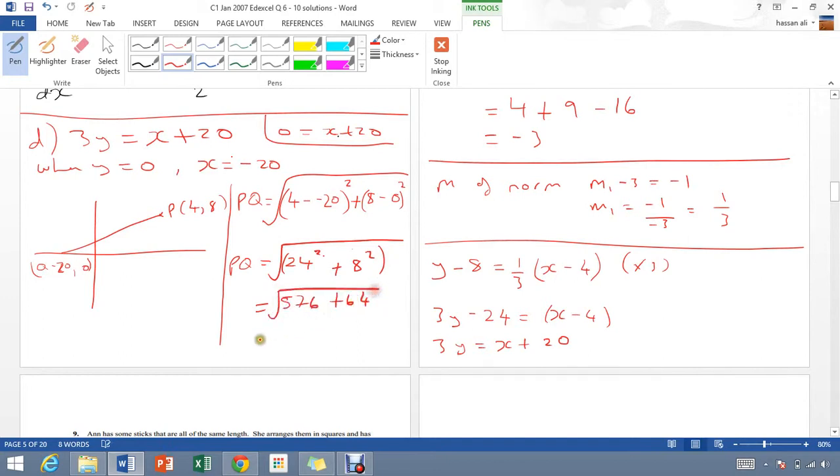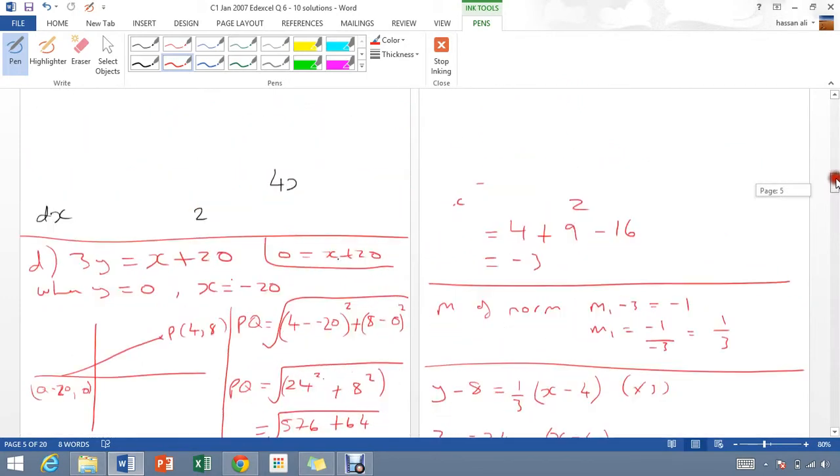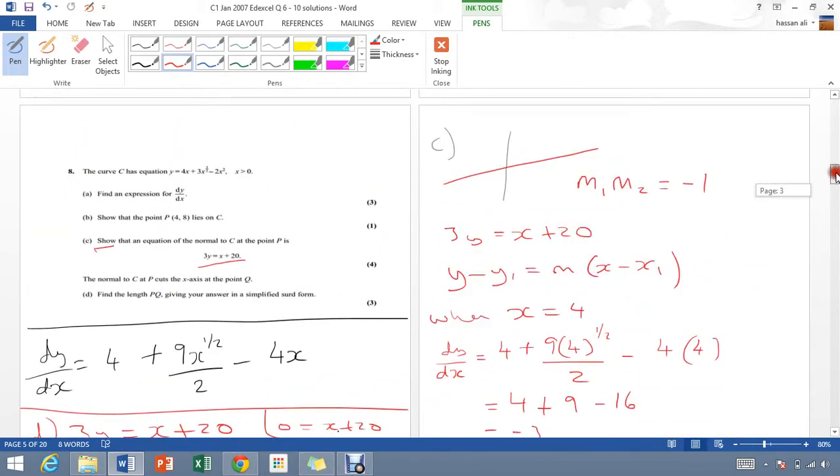That gives you root 640. You should be able to realize that is 64 times 10, and root 64 gives you 8, so that will give you 8 root 10, and that will be your answer for question D, because they want it in simplified surd form.